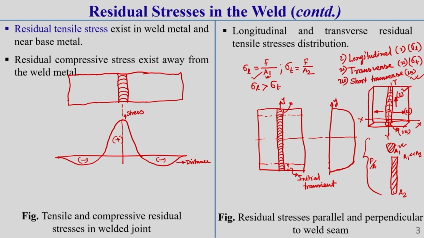So this is called the final transient stage. As the temperature gradually decreases, it goes to room temperature, and as there is the end of the plate, the residual stress again becomes around 0.